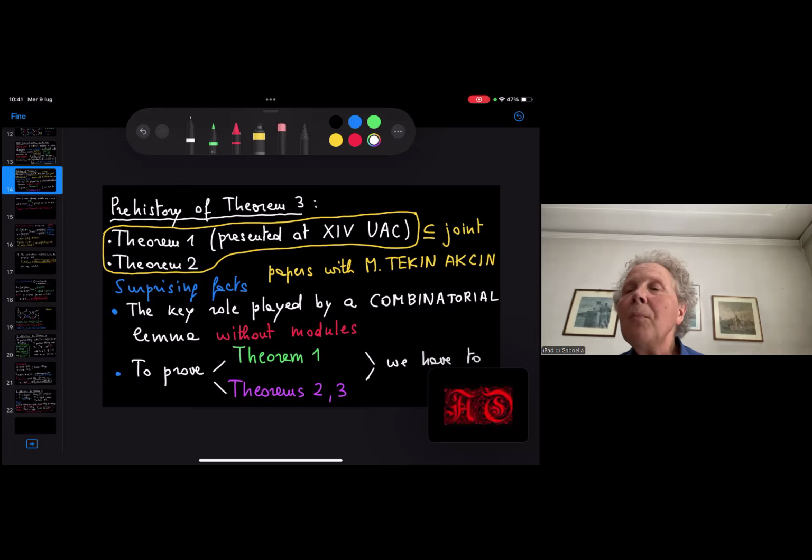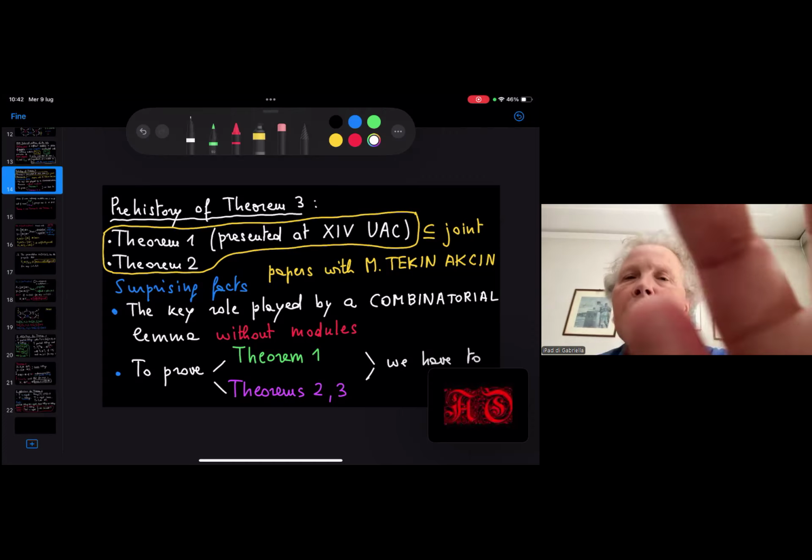The key role played by a combinatorial lemma without tilting theory, without tau tilting theory, and without modules at all. And another fact is that to prove theorem 1 or to prove theorem 2 and theorem 3, what we have to do is the following.